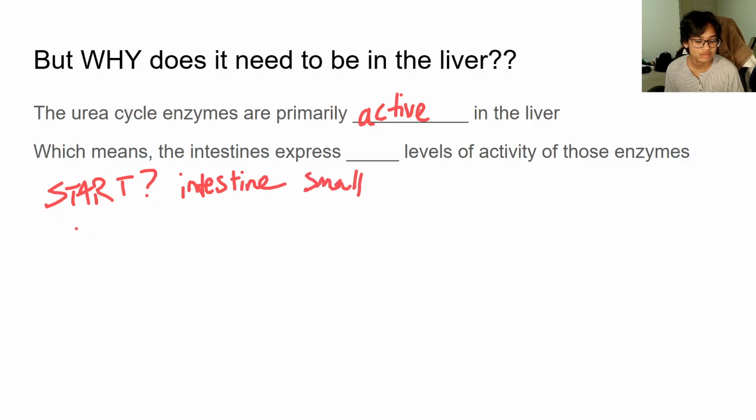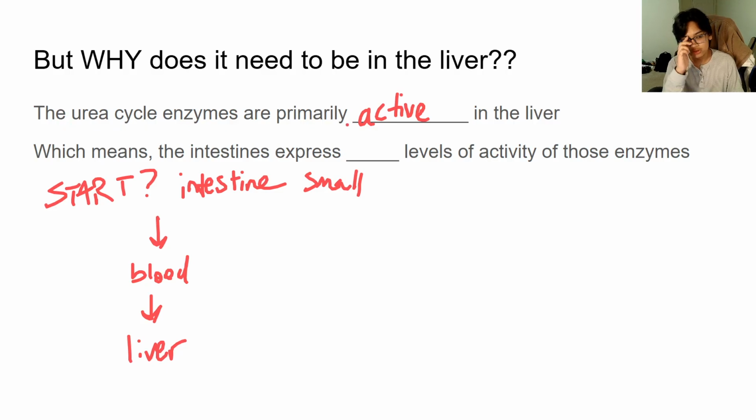And then we're going through the blood, and then we're going to the liver, right? So if the enzymes are primarily active in the liver, what does that mean? It means the intestines express a low level of activity of those enzymes. That's why we need to move it out, right? Because they're not doing anything significant enough there.